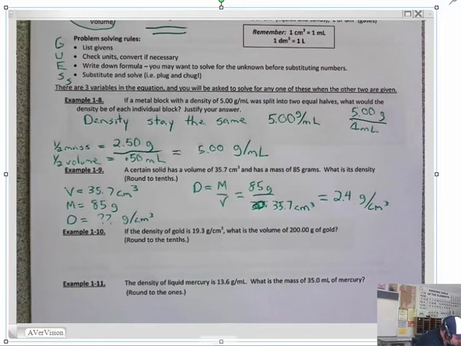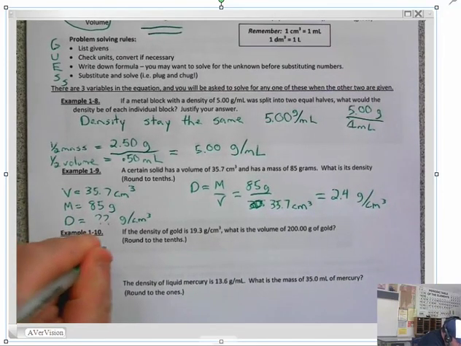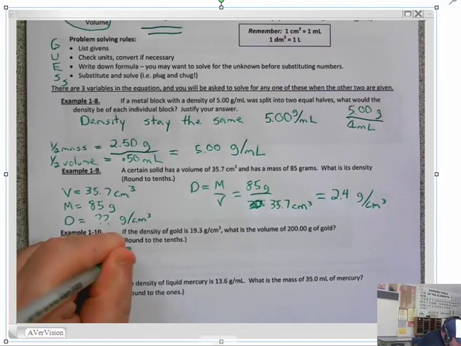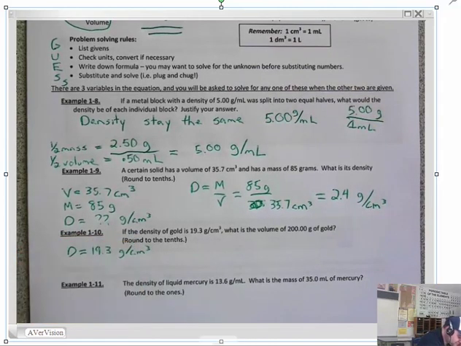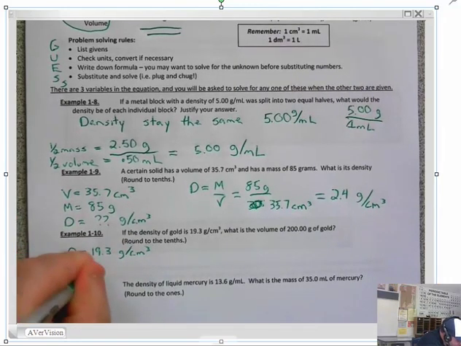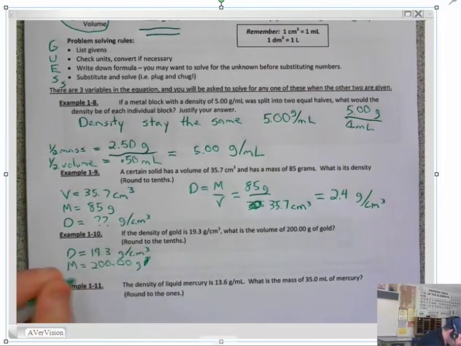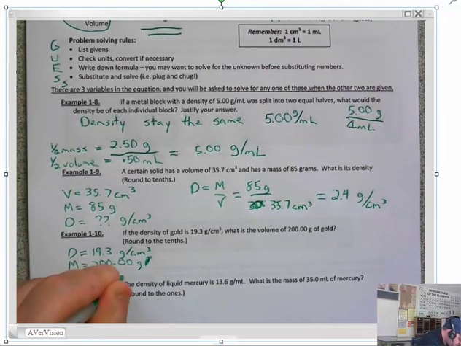If the density of gold is 19.3 grams per centimeter cubed, what is the volume of 200 grams of gold? Well, grams is the mass of gold. We are looking for the volume, which will come out in centimeters cubed.